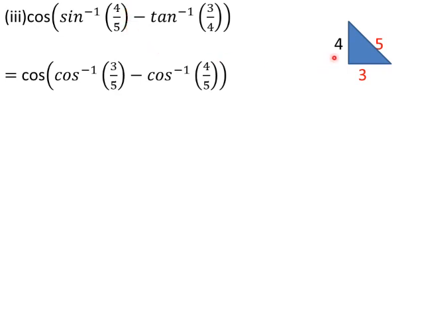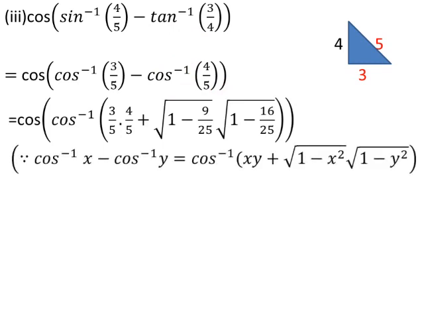So our opposite side is 4, hypotenuse is 5. If we know 2 sides, we can find the other side. Root of 5 square minus 4 square. So root 9, it is equal to 3. So cos inverse of adjacent side by hypotenuse, 3 by 5 you will get. Same way, if you construct a triangle for this, you will get cos inverse of 4 by 5.